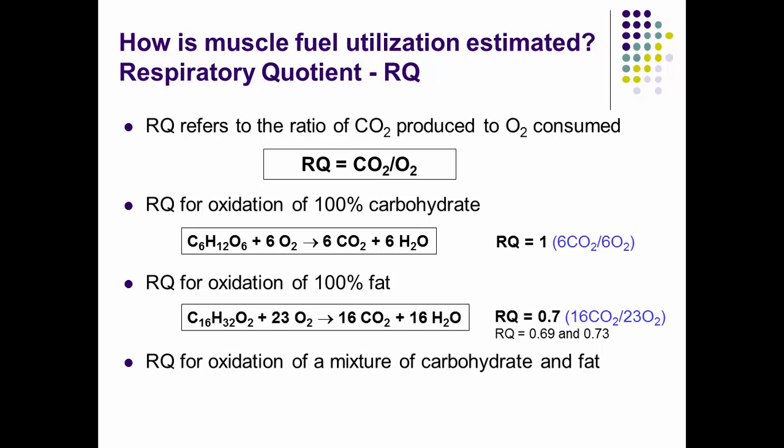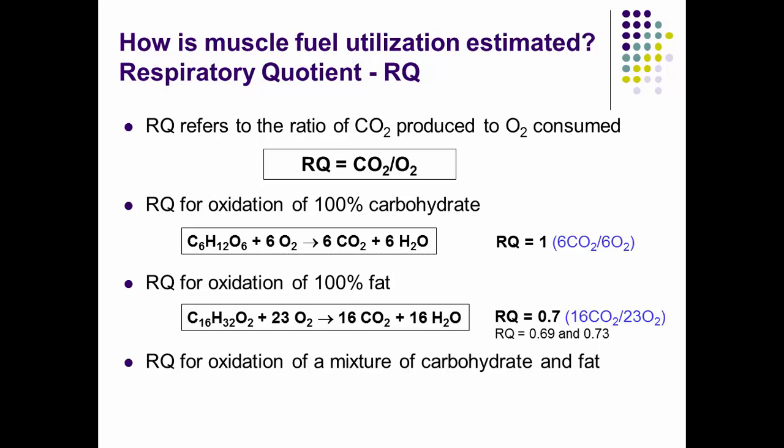So based on this equation, the RQ will be 6 molecules of CO2 produced over 6 molecules of oxygen used for complete oxidation of glucose. So RQ will be 1. For 100% carbohydrate or glucose oxidation, RQ is 1.